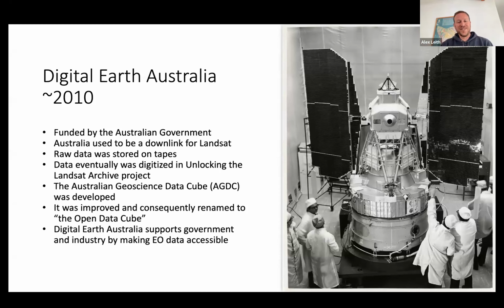That bit of software was called the Australian Geoscience Data Cube. It was rewritten later to be more flexible with projections and other things, and called the AGDC version 2, and later was renamed to be the Open Data Cube, which is a much friendlier name. And Digital Earth Australia supports government and industry in Australia by making Earth observation data more easily accessible.